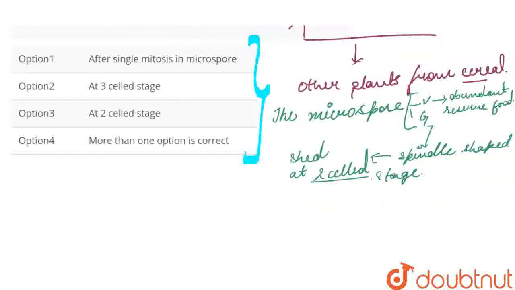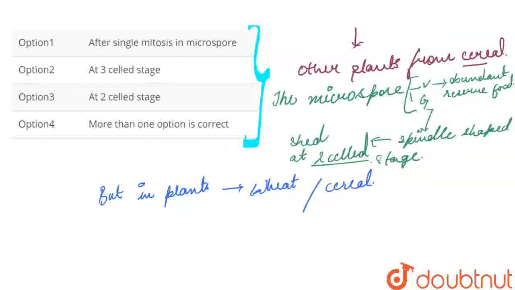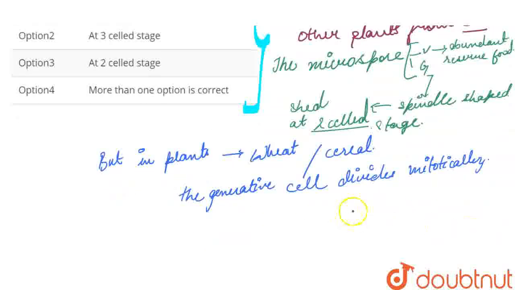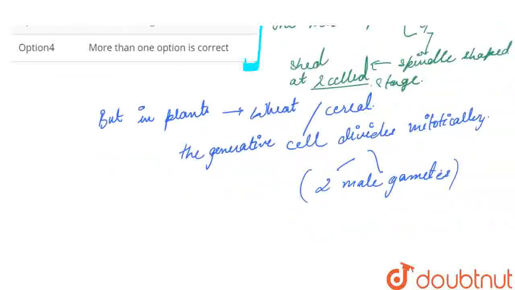But in plants like wheat or any other cereal, what happens is the generative cell divides mitotically and gives rise to two male gametes, and that too before the pollen grains are shed.